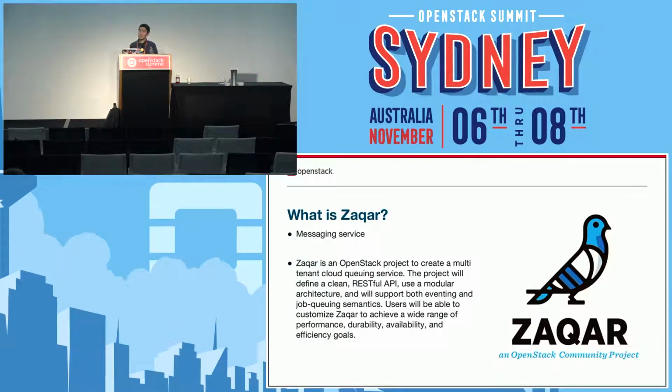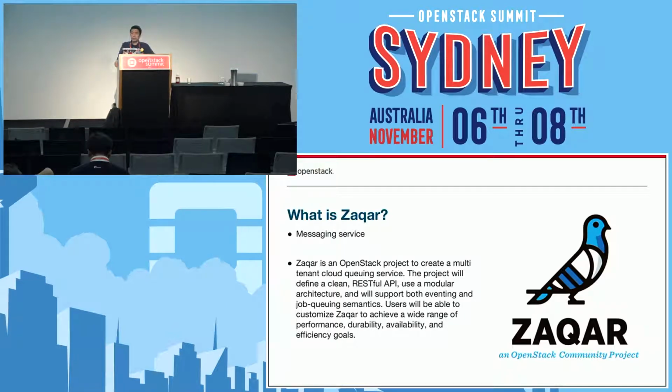So, what is Zaqar? Just in case you are not really familiar with what we're doing, Zaqar is the messaging service in the OpenStack world. You can compare it with SQS in AWS, SNS for notification in AWS, and Pub/Sub in Google Cloud.